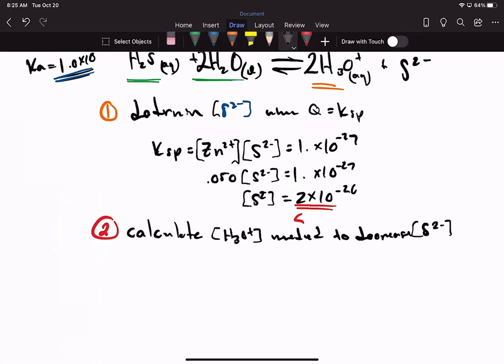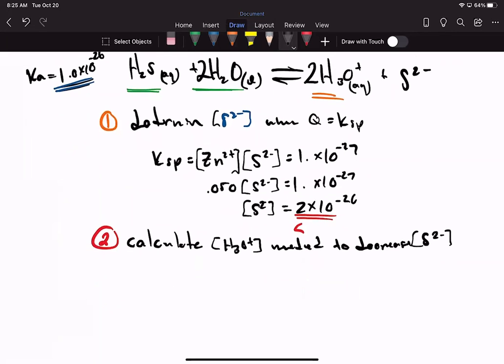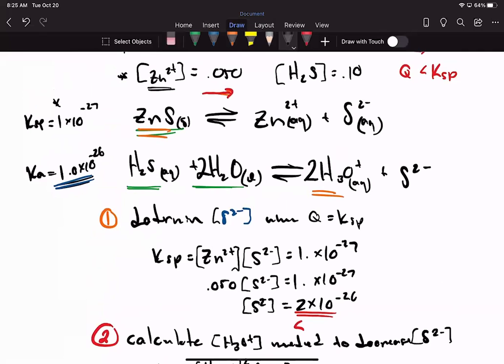Well, we already have our concentration of S2 minus here, so let's take a look at this Ka value. If we set up our Ka, it is equal to H3O plus squared times S2 minus over H2S.